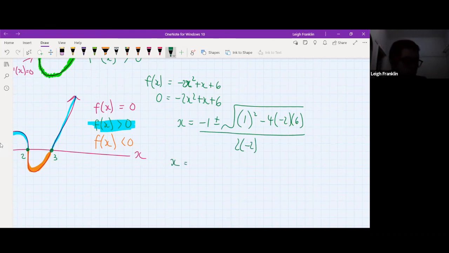Let's put that into my calculator. Ma'am, the answers that I got were negative 3/2 and 2. I get x equals 2 or negative 3/2.